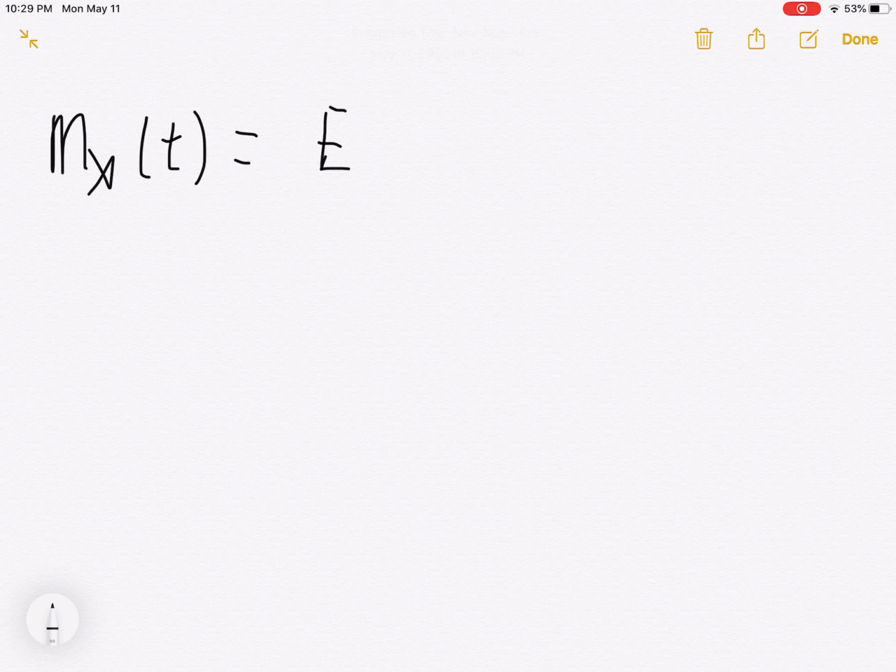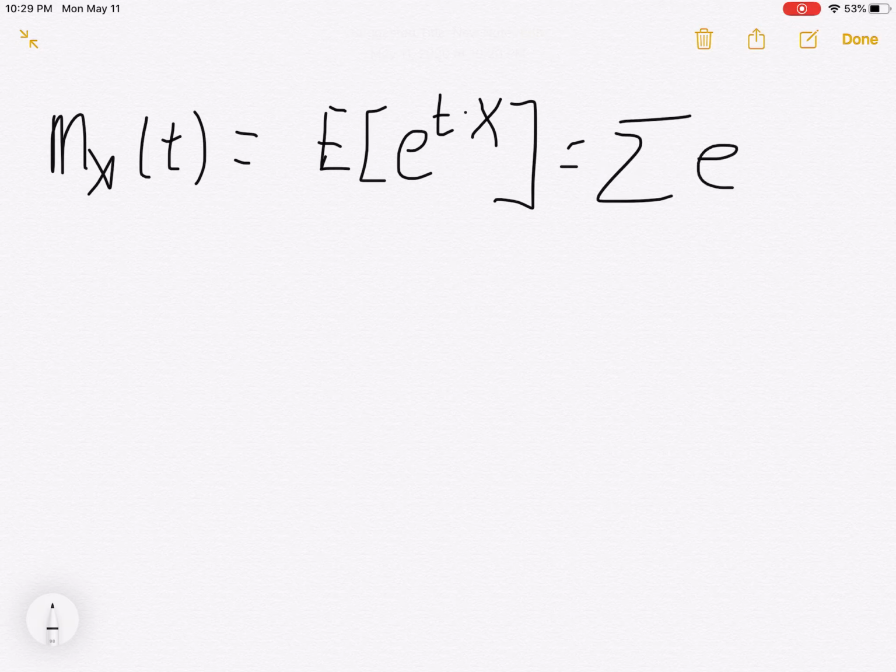That's going to be the expected value of e to the t times x, always. And this is going to be the sum of e to the tx times the probability of x, from x equals 0 to n.